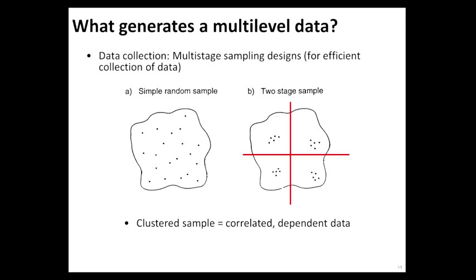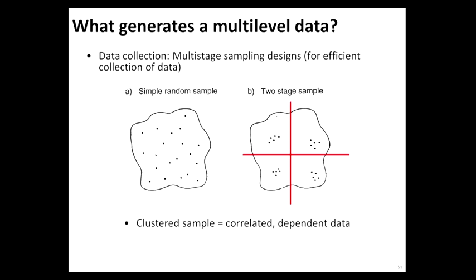But when you draw a sample like this, you generate a clustered sample. You generate correlated data because you're drawing information from the same area. So essentially, multi-level data, if someone asks you what characterizes multi-level data? Well, it's correlated data.